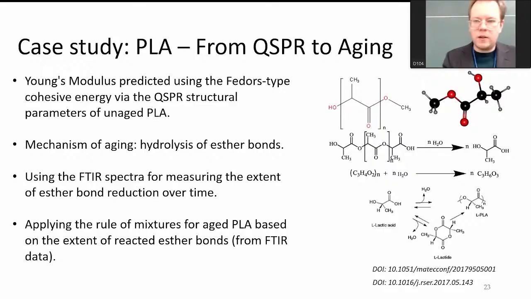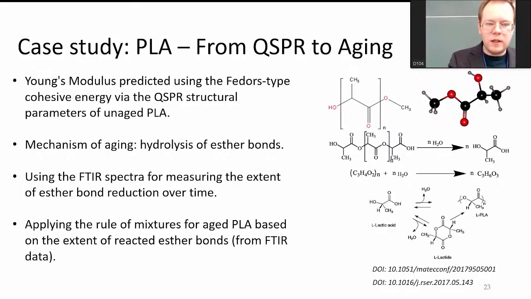So what this means. For example, for structural applications, we can have Young's modulus being predicted using the cohesive energy via the QSPR structural parameters of a polymer, in this case PLA.